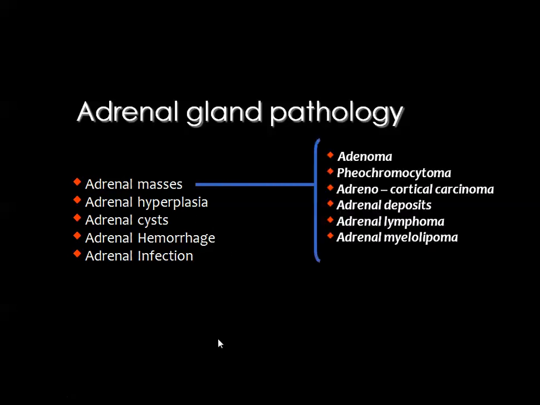Of course, the masses are multiple, and they include the adenoma, the pheochromocytoma, the adrenocortical carcinoma, the adrenal metastases, lymphoma, and the myelolipoma.